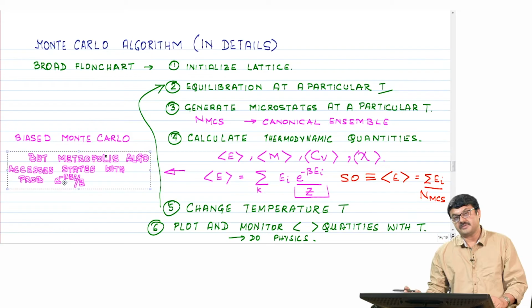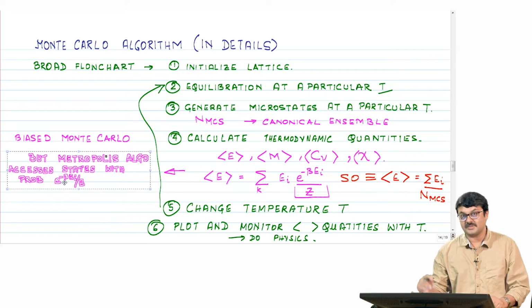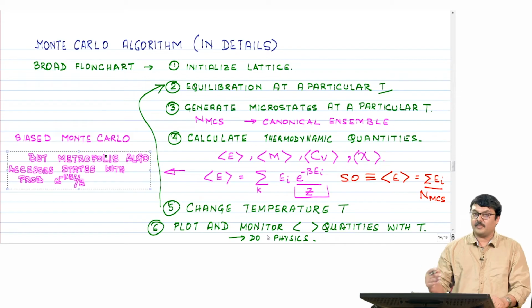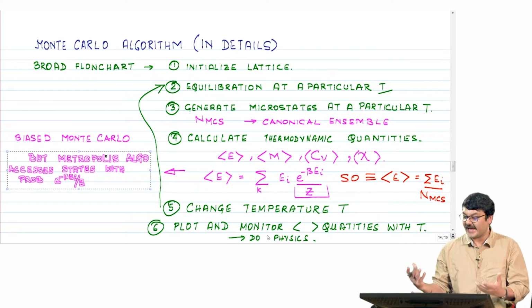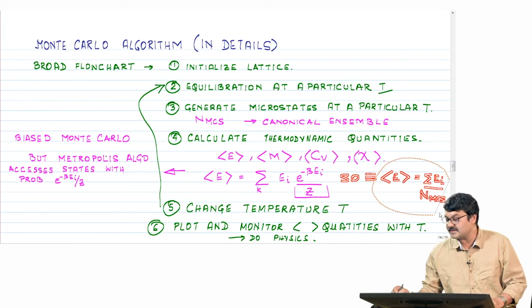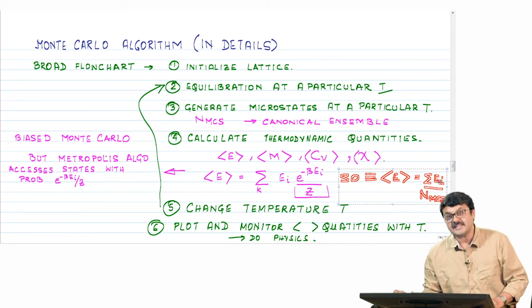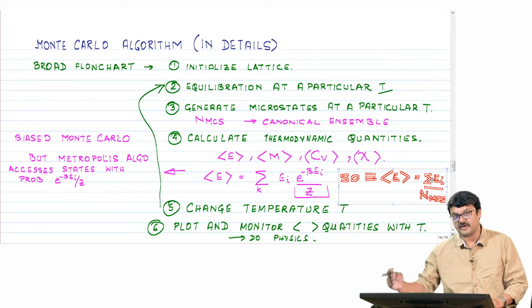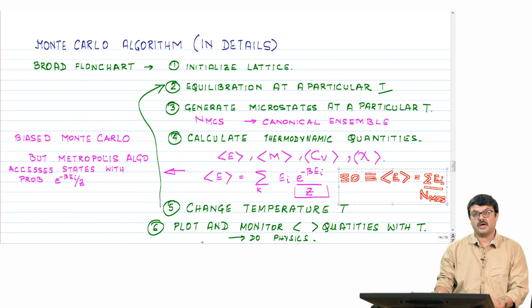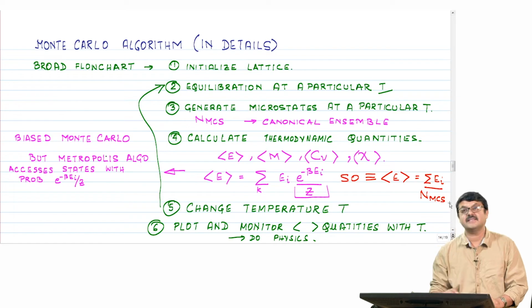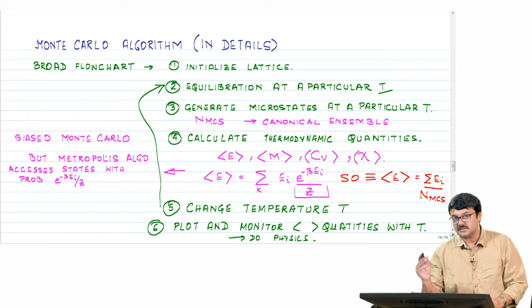Now, since different microstates with higher and higher energies are accessed with lower and lower probabilities, the average energy of the system is the sum of all the energies that the system accesses, all the different energies as the system goes on from one microstate to the other, summed up and divided by the total number of Monte Carlo steps N MCS that the system remains in that particular thermodynamic state at that particular temperature, right.